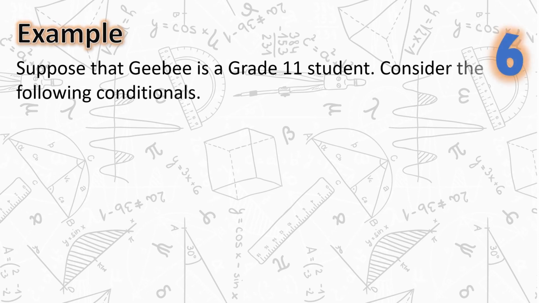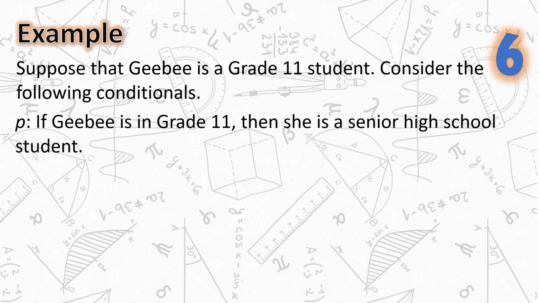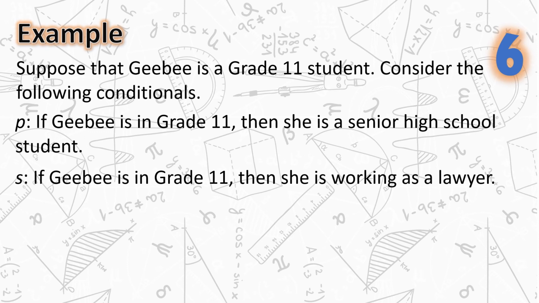Let us have some examples. Suppose that GB is a grade 11 student. Consider the following conditionals. Proposition P: if GB is in grade 11, then she is a senior high school student. Proposition S: if GB is in grade 11, then she is working as a lawyer.